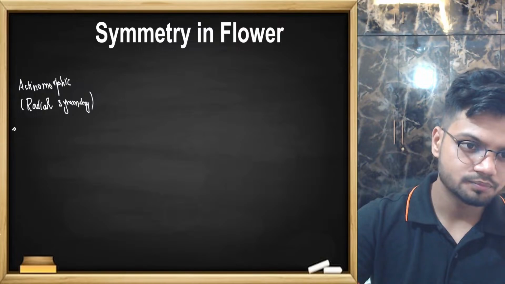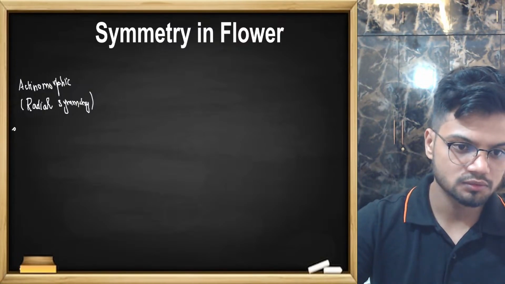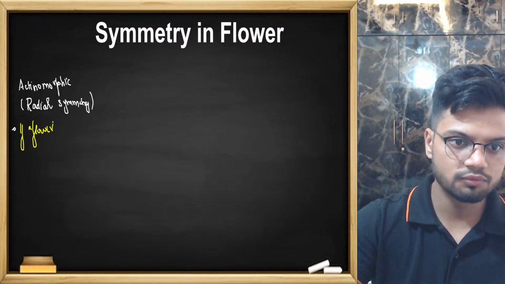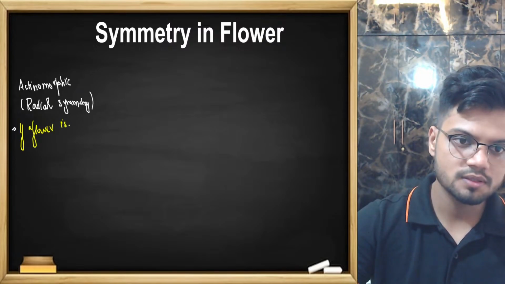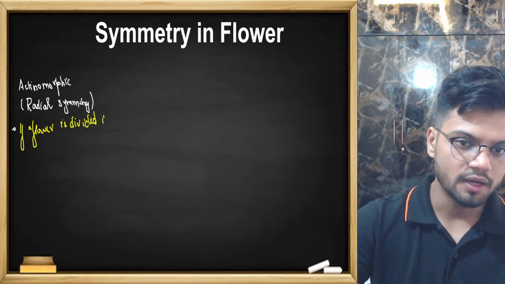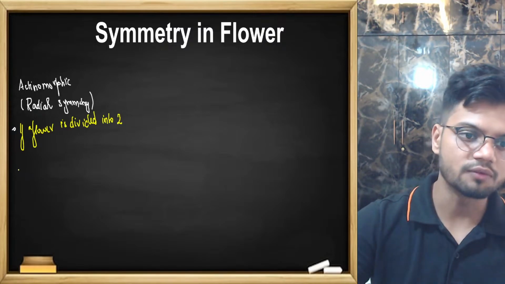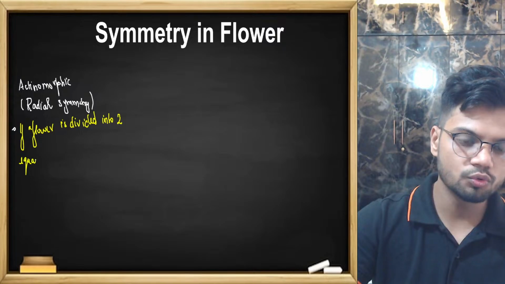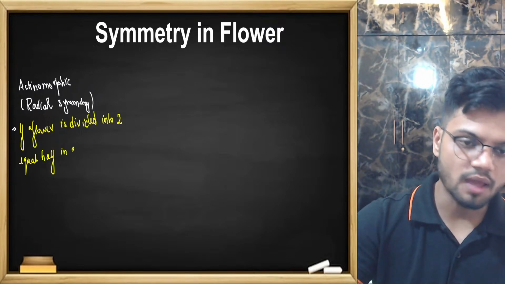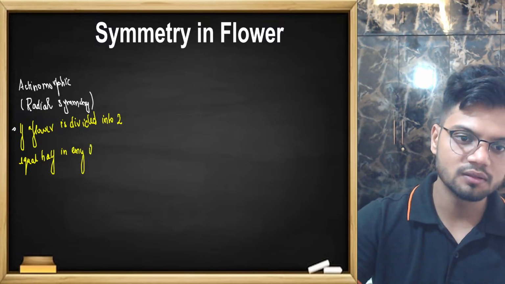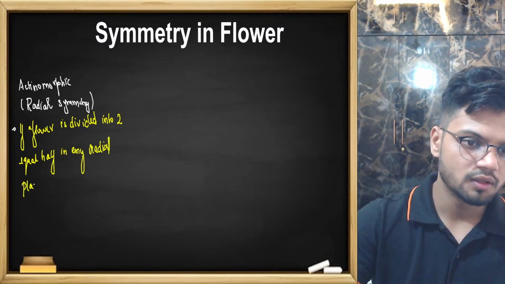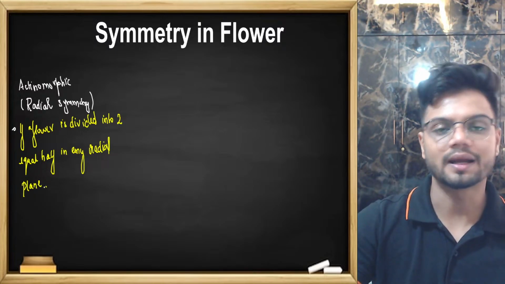If a flower is divided into two equal halves in any radial plane, that becomes your actinomorphic.